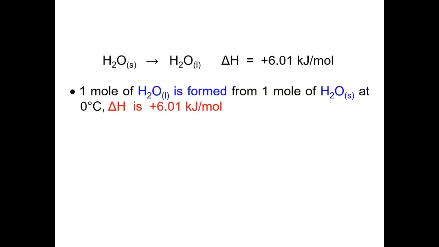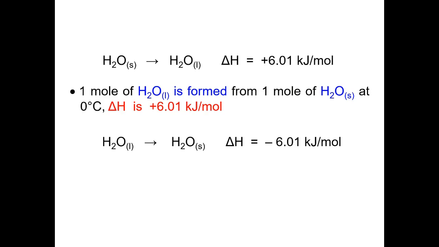Look at this situation. H2O solid changing to H2O liquid is an endothermic reaction in which delta H is positive 6.01 kJ per mole. 1 mole of H2O liquid is formed from 1 mole of H2O solid at 0 degrees C and delta H is positive 6.01 kJ per mole. H2O liquid changing to H2O solid, Delta H is negative 6.01 kJ per mole.